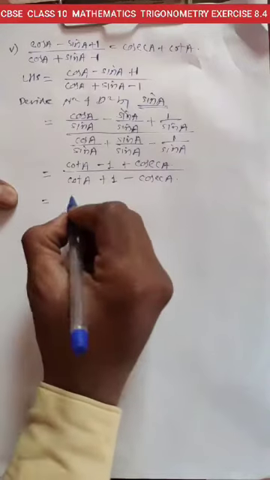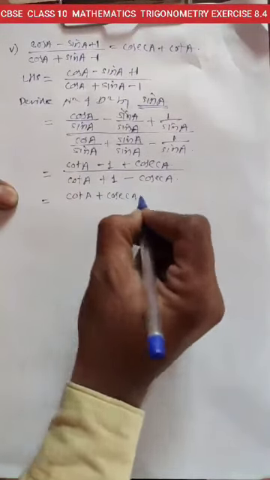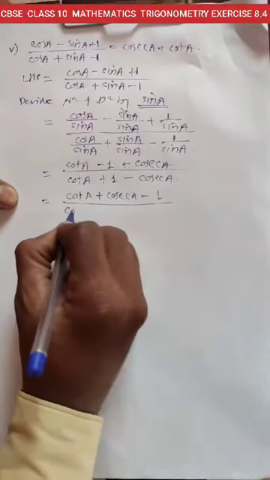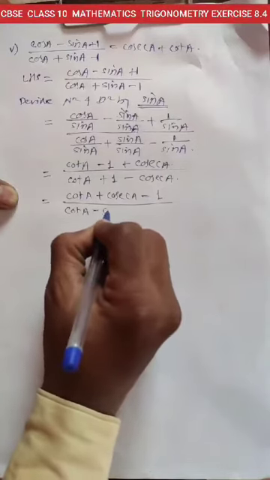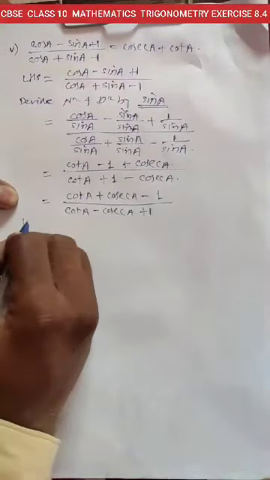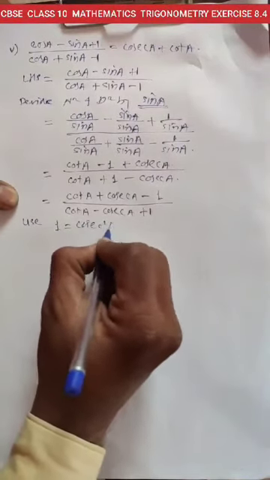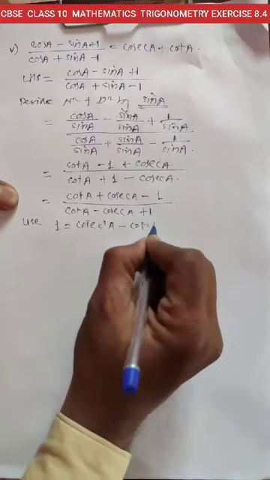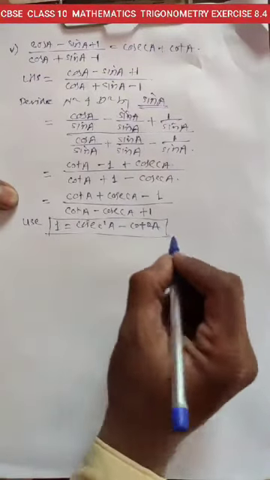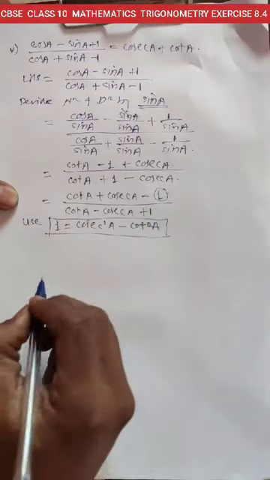Now in the next part, we have cot A plus cosec A minus 1 upon cot A minus cosec A plus 1. Now simply use the identity: 1 equals cosec square A minus cot square A. So in the numerator, in place of this 1, write this formulation.